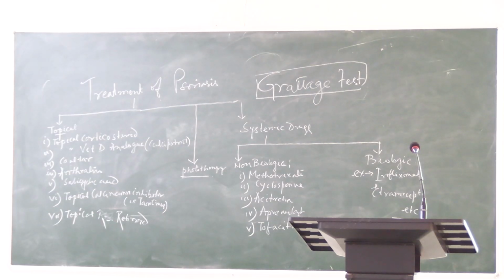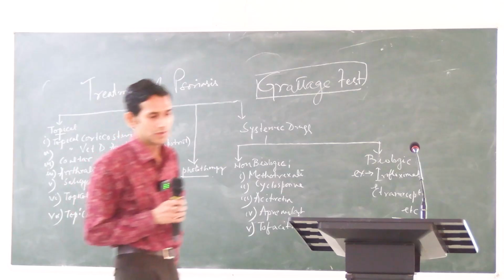Non-biologics: methotrexate, cyclosporin, acetretin, apremilast, etc. and biologics: infliximab, etanercept. You can write this also.